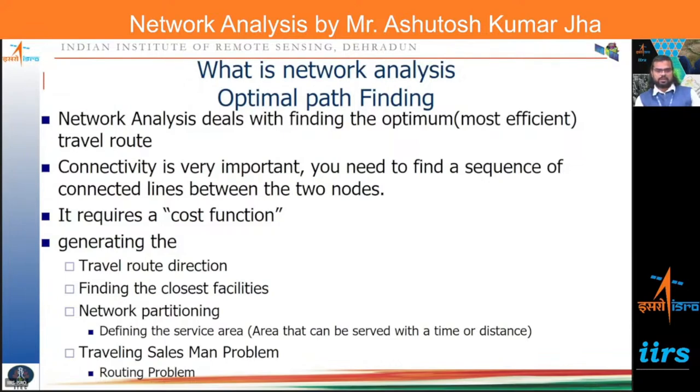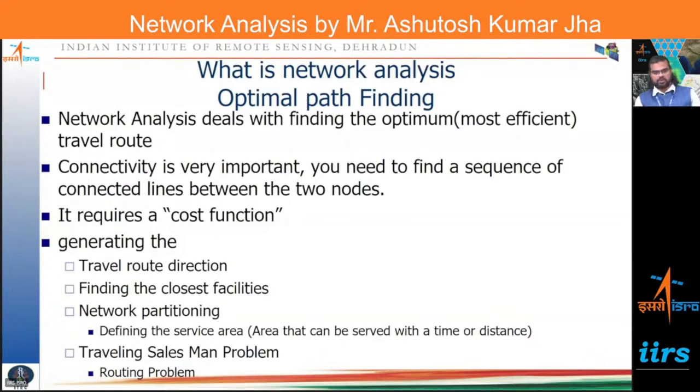When this information is provided, these problems are solved, and we get a solution in terms of directions, or we are also able to find the partitioning. This means the next level of partitioning of your data sets.